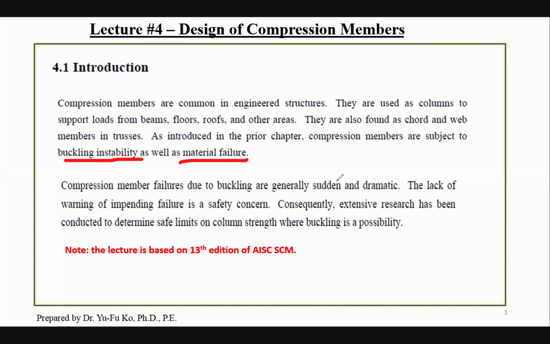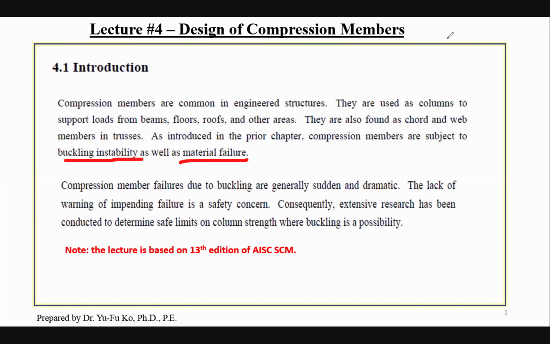And the lecture here is based on 13th edition of the manual, especially when we talk about local buckling. We'll follow 13th edition.